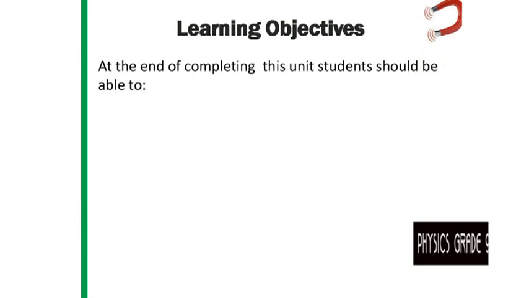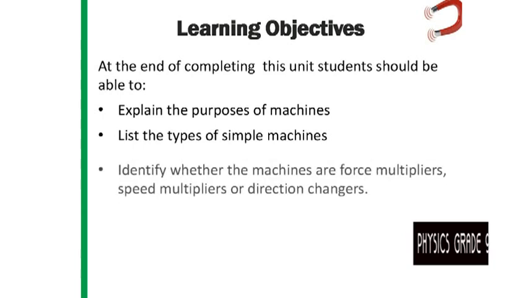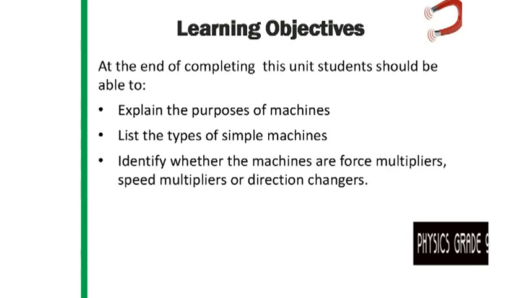So after completing this unit, students should be able to do the following. You should be able to explain the purposes of machines, as well as list the types of simple machines. You should also be able to identify whether machines are classified as force multipliers, speed multipliers, or direction changers.